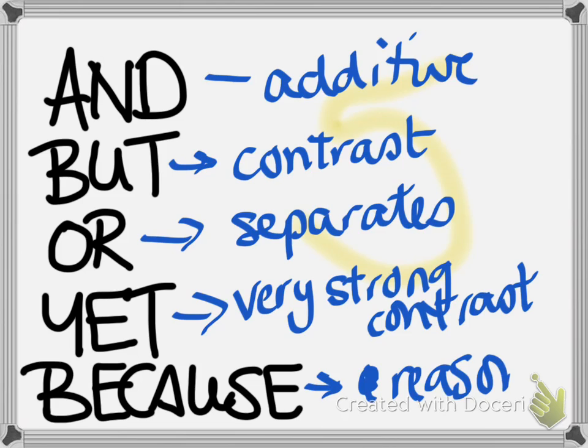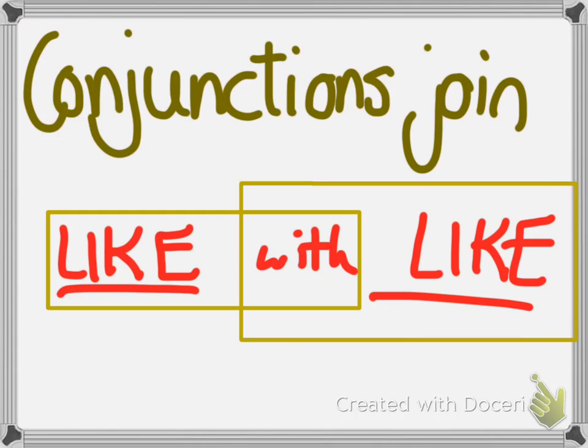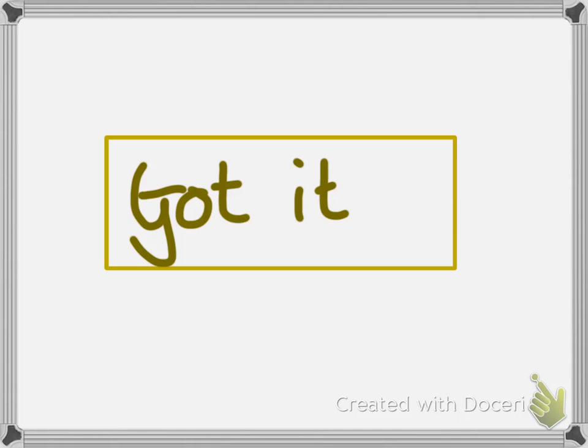And remember that because can only be used with clauses or phrases. So remember, conjunctions join like with like. Got it?